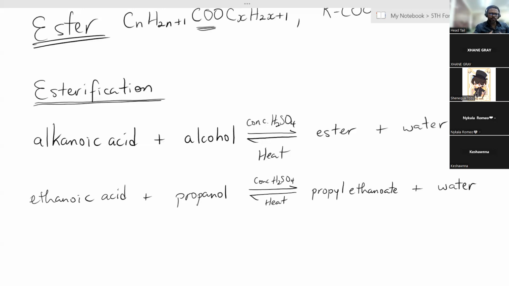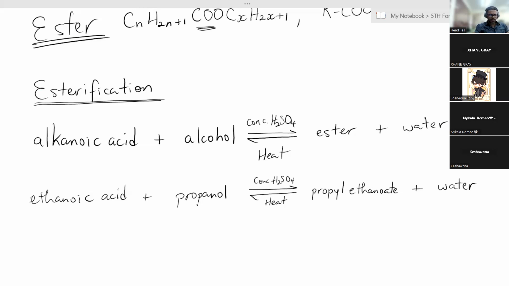As you observe, once you know the name of the alcohol and the name of the ester, you already know the name of the alkanoic acid. In this case, the propyl comes from the alcohol portion, so we call it the propyl part. And the ethanoate is the part that came from the ethanoic acid.